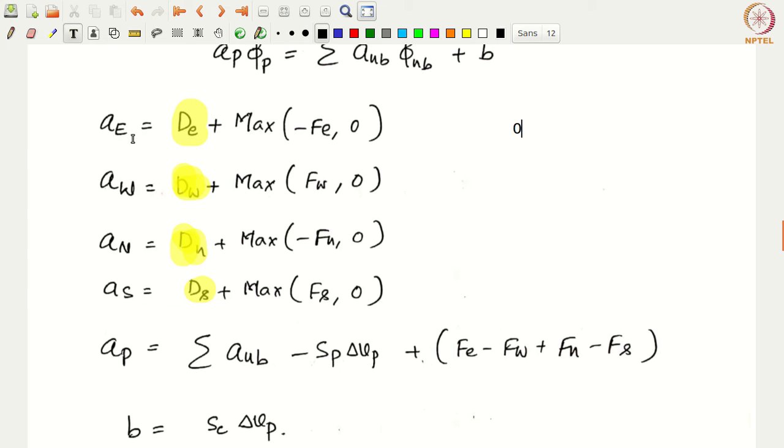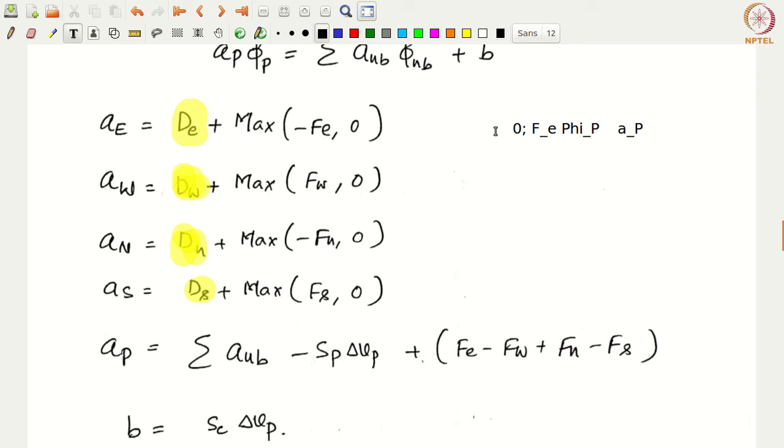So AE will have no contribution, because the contribution of positive FE has to go to FE times phi P, because phi little e is now phi P. That means FE has to go into the contribution for AP.